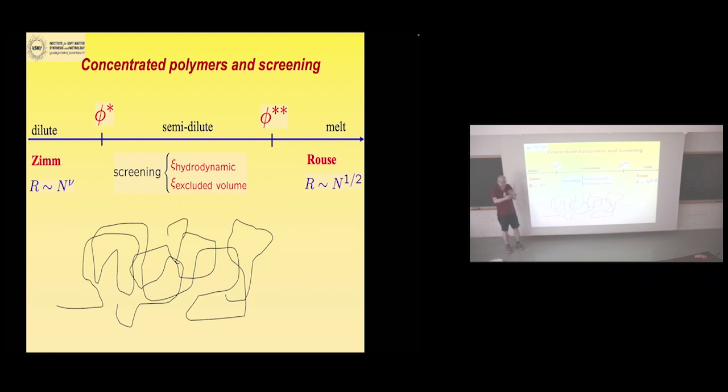And eventually that hydrodynamic screening length gets smaller and smaller, similar to when we talked about how the blob size gets smaller and smaller. And those cross over at more or less a similar point, so that at a high enough concentration, it'll be described by Rouse dynamics rather than Zimm dynamics. And that's why in the melt case, there is no screening and it behaves perfectly like Rouse dynamics.